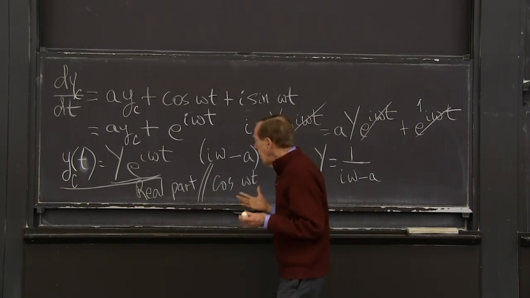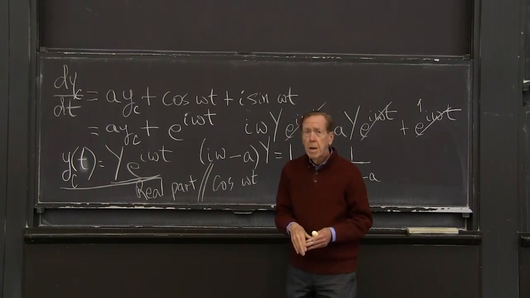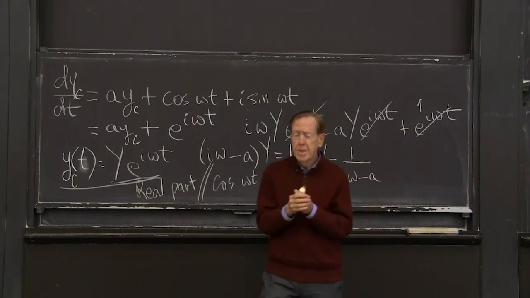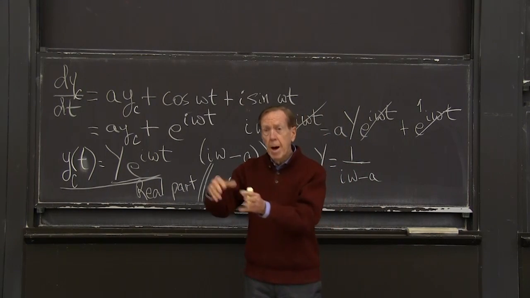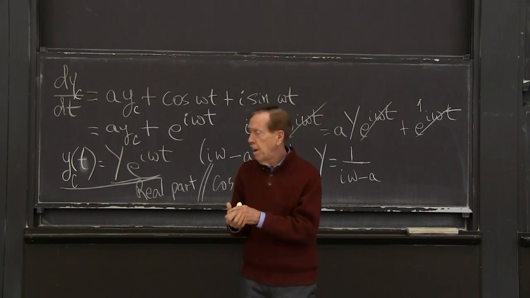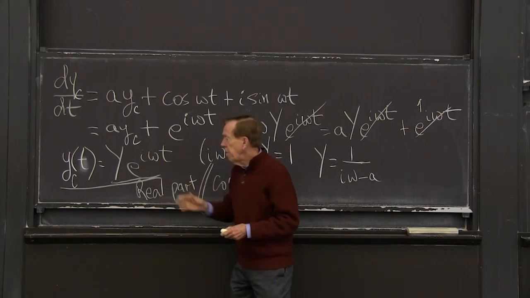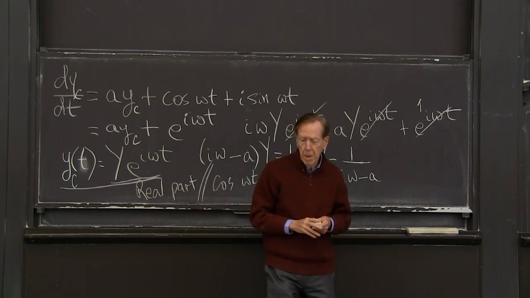How do I find the real part of this expression? The real part's easy if the complex number is written a plus ib. The real part is a, the imaginary part is b. But I don't have it as a plus ib. I have it in this form, and in a way it's a better form.